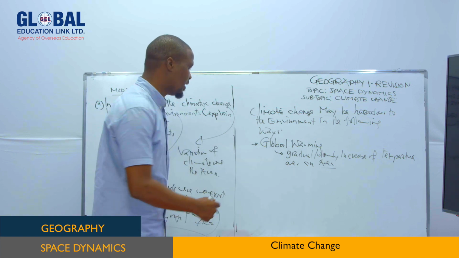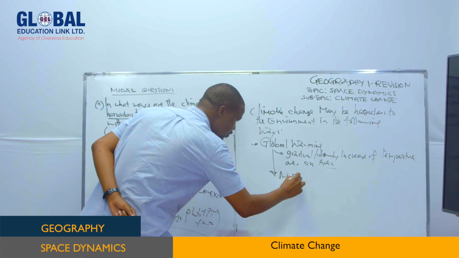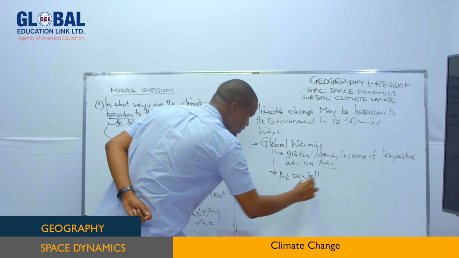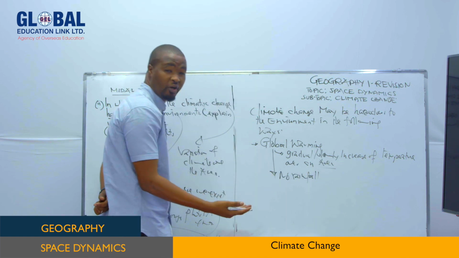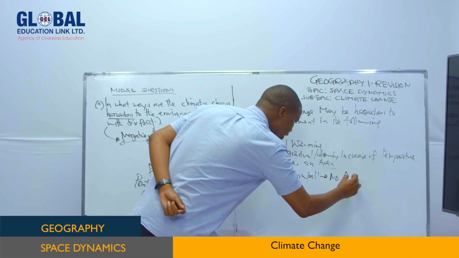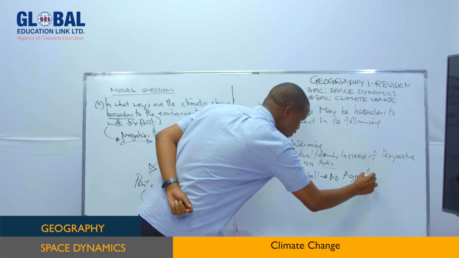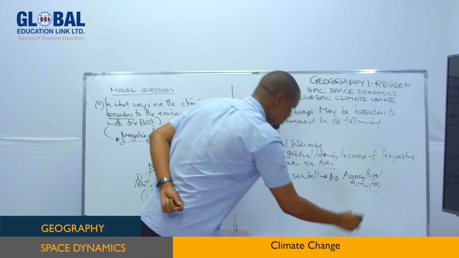So during global warming, for instance, you will find no rainfall. Are we together? That's negative, no rainfall, or there is little rainfall. If no rainfall, it means no agricultural activity.